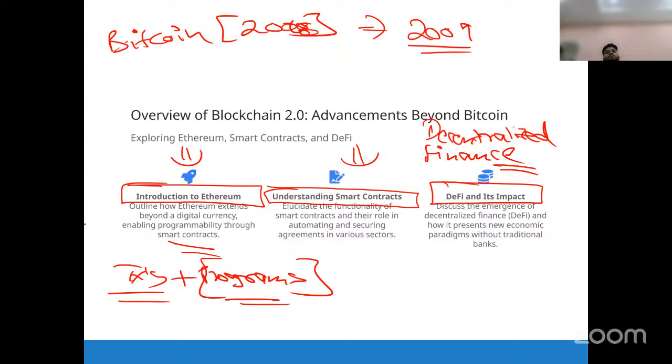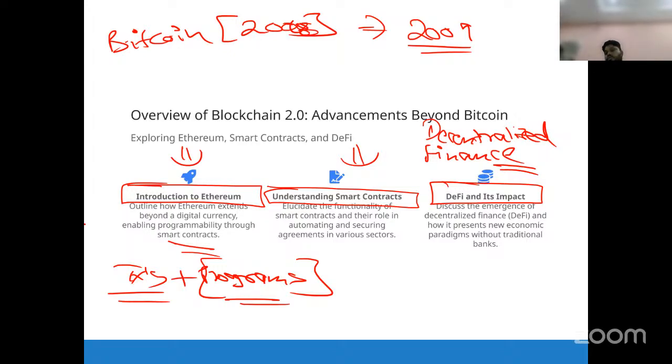So in short, blockchain 2.0 is basically focusing on how Ethereum can improve its programs through smart contracts, how it can automate a lot of things which are happening manually today, and how you can increase decentralized finance, which provides all the financial services without having any third party or intermediary in the system.